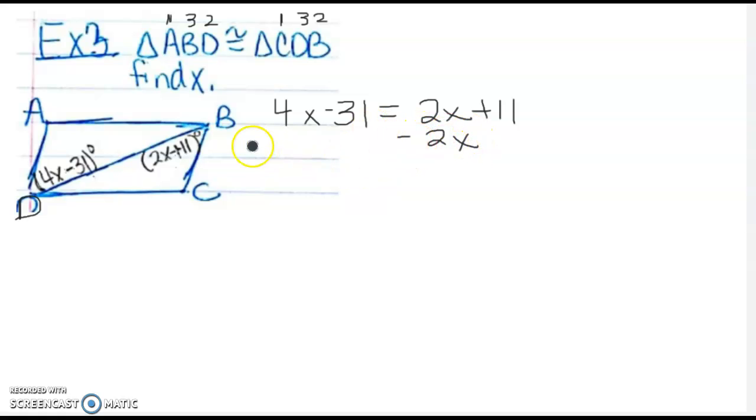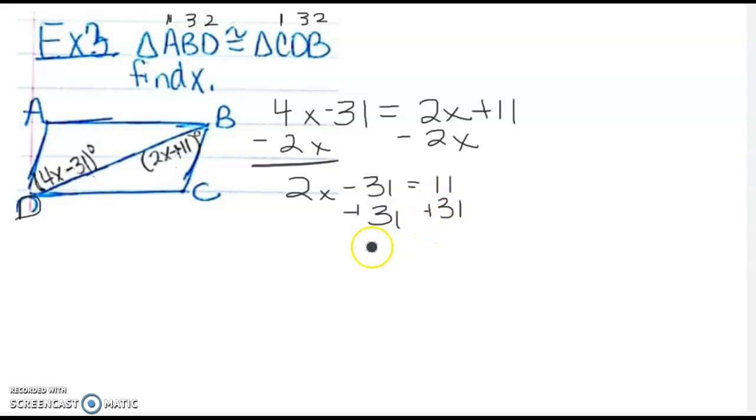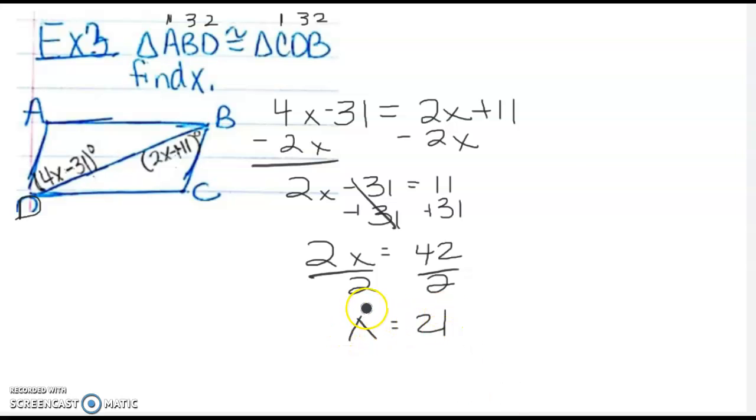I'm going to subtract 2x from both sides. And I get 2x minus 31 equals 11. And then I'm going to add 31 to continue to isolate x. That eliminates, and I get 2x is equal to 42. Then I divide by 2, and x is equal to 21.